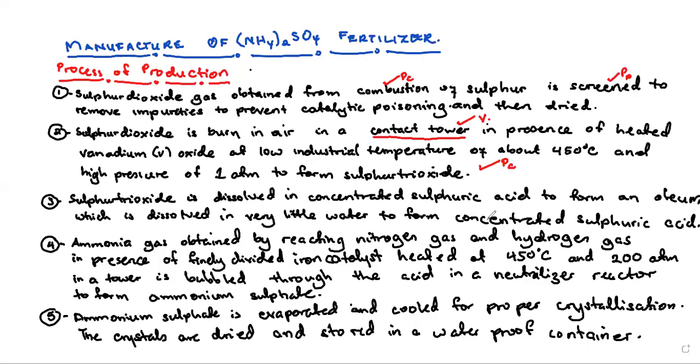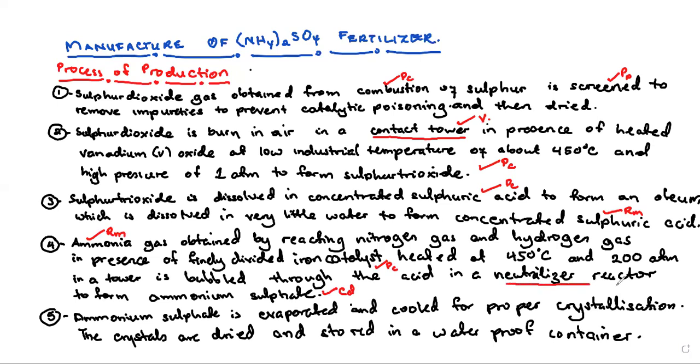Then dissolving to form sulfuric acid is a chemical process, and the sulfuric acid we have formed behaves as the raw material we need to come up with the real ammonium sulfate. Ammonia gas here is another raw material we need. However, it is manufactured by chemical processes to form the desired product in form of ammonium sulfate.